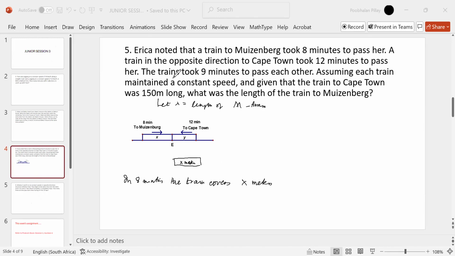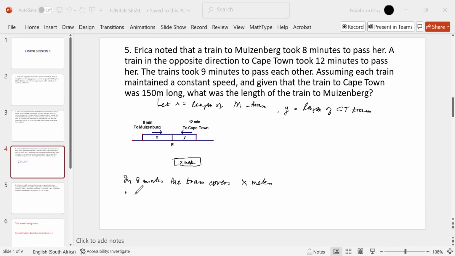But there's another train which travels in the opposite direction, and that is traveling to Cape Town, but it took 12 minutes to pass her. So let's call the length of the Cape Town train, we'll call it CT train, Y. It means that it took 12 minutes to pass her.